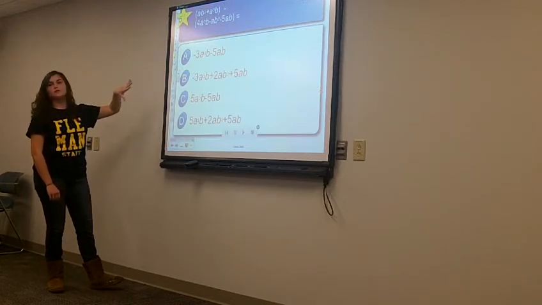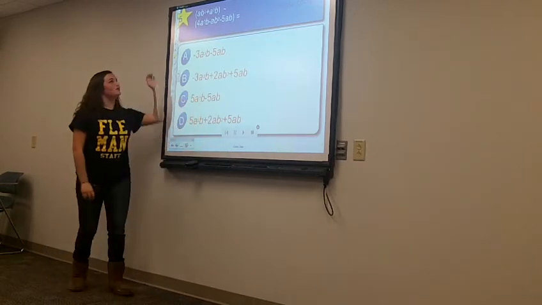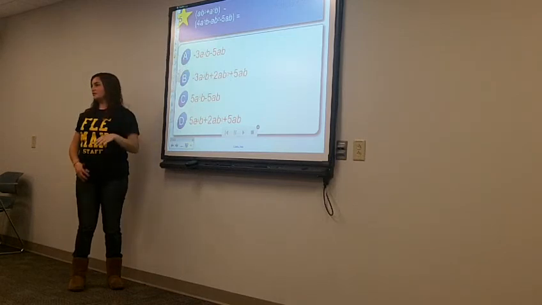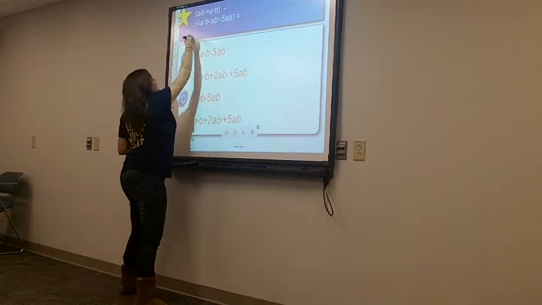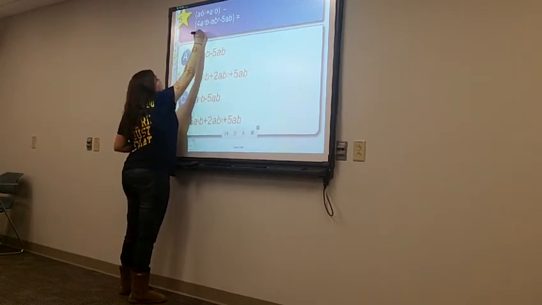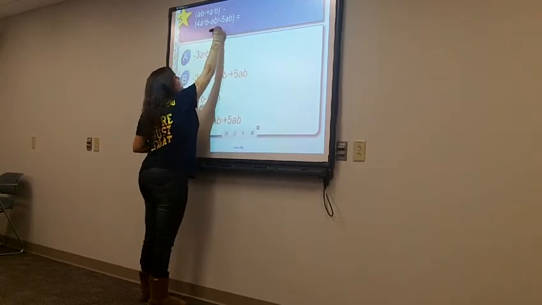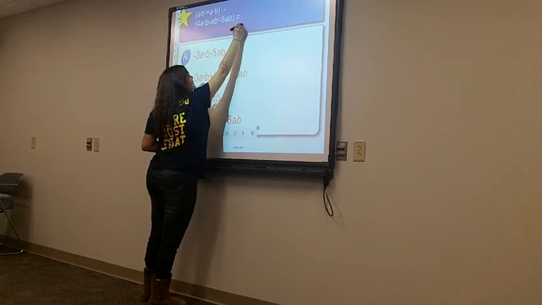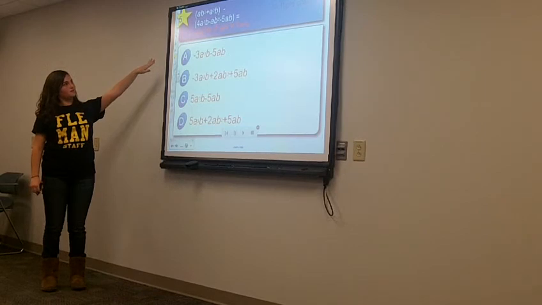Okay, so basically we're going to do the same thing for this problem. So, what's my second term going to become if I distribute the negative? Can anybody tell me? Negative 4AB. Okay, and then can someone add them together?